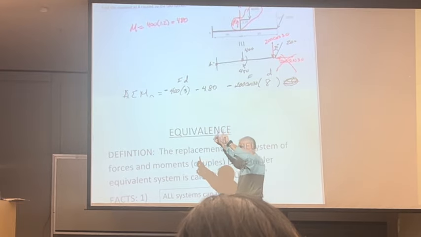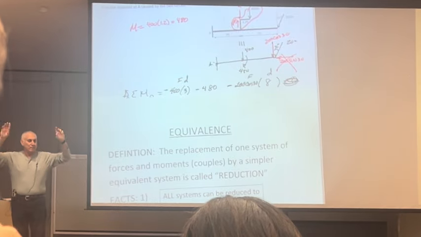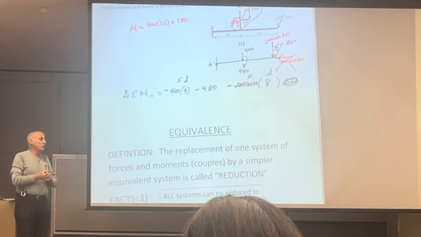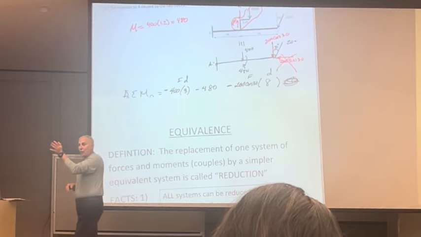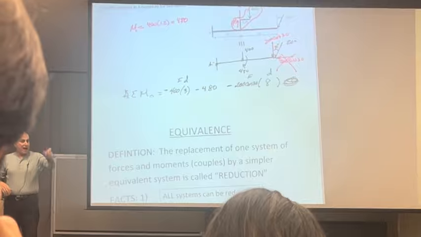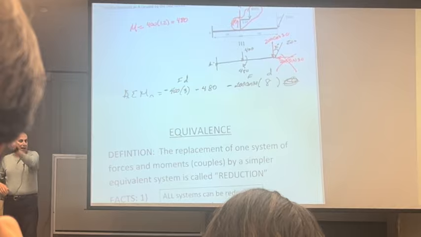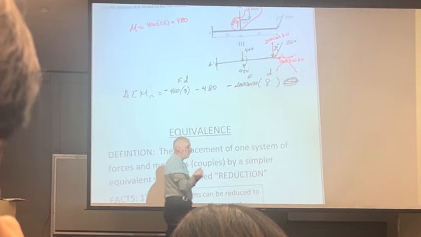Every time. Not just on Tuesdays and Thursdays, all the time. That is a fact. How do I do it? Well, I just simply take the forces, put them all in IJK format, then add up I's, add up J's, add up K's. That's it. That's the single force result.